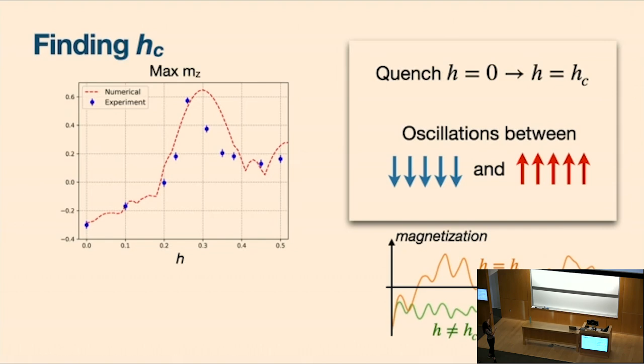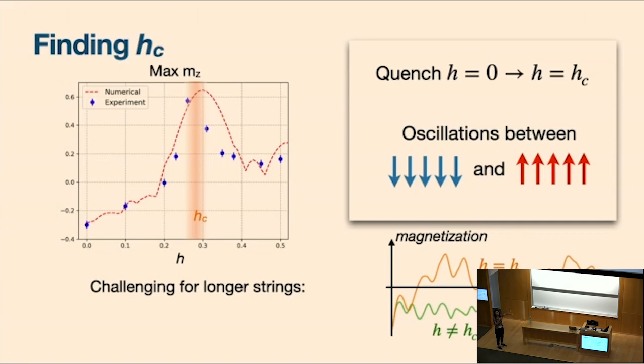So we plot the maximum of the magnetization after a certain time after the quench, and we observe that indeed there is a peak precisely in the region near to the string breaking point. So this is a more accurate measurement of the value of HC.